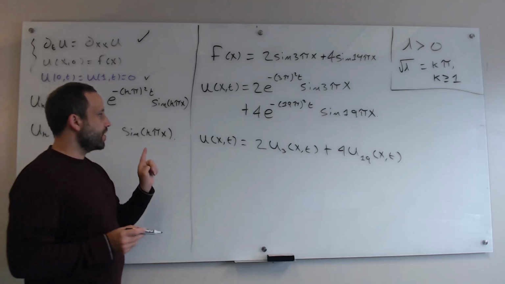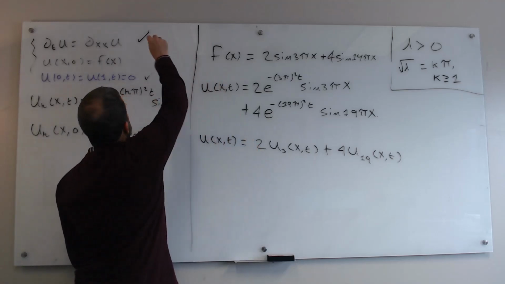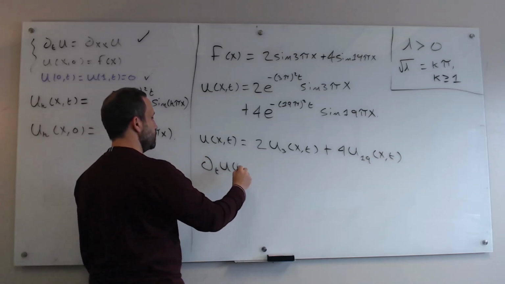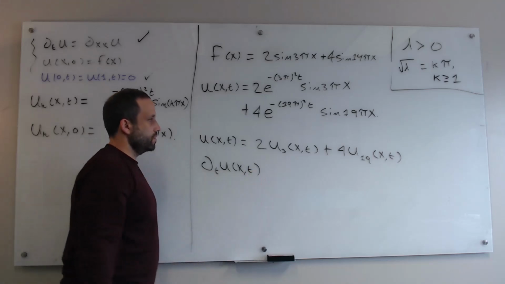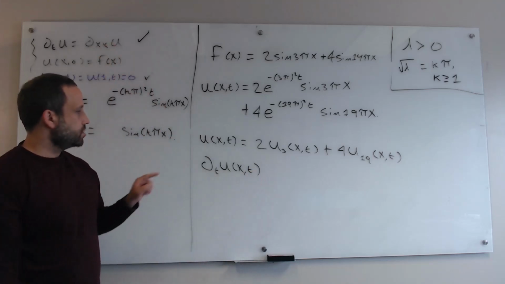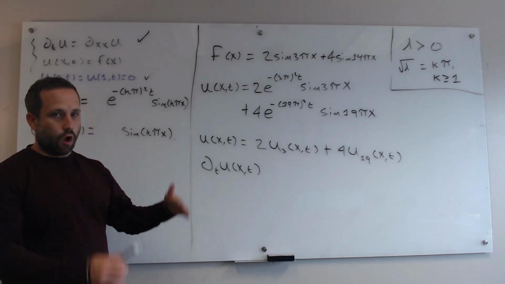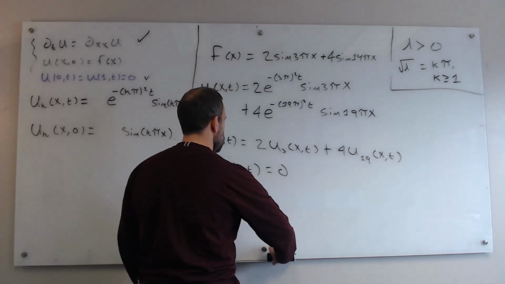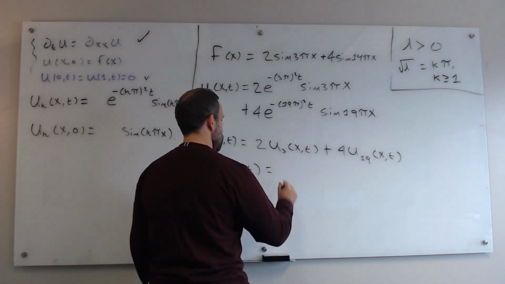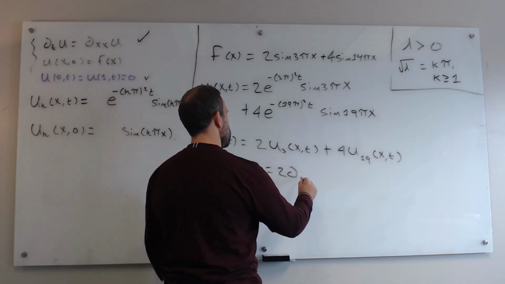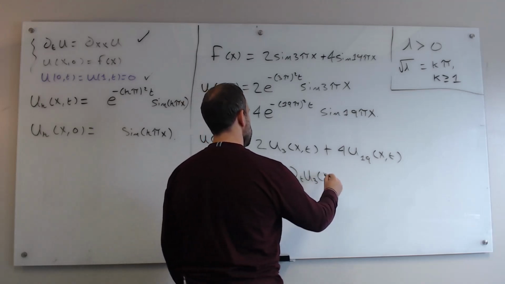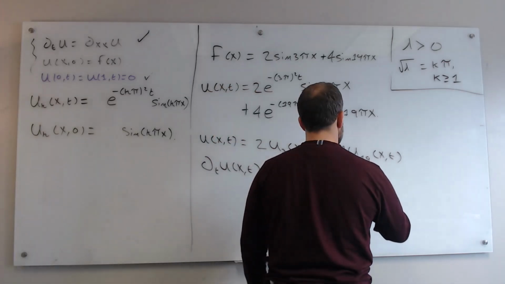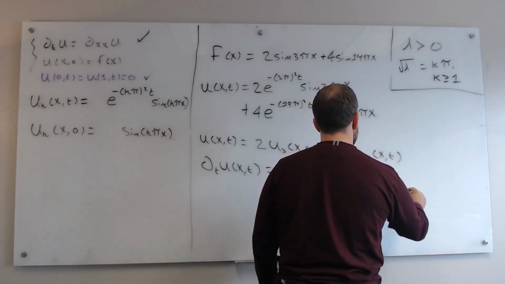Okay, so I want to show that this satisfies the PDE. If I take the derivative with respect to t, now here's the important thing: this is a linear equation. Since the t derivative is linear, since all derivatives are linear, this is going to be equal to 2 times the t derivative of u_3 plus 4 times the t derivative of u_19.